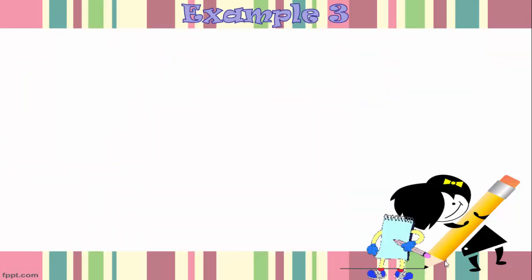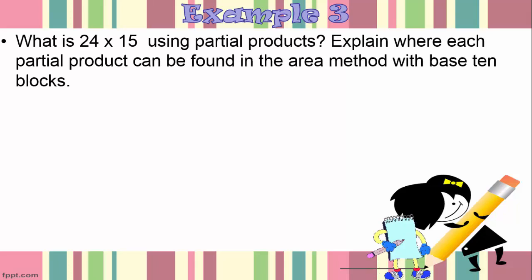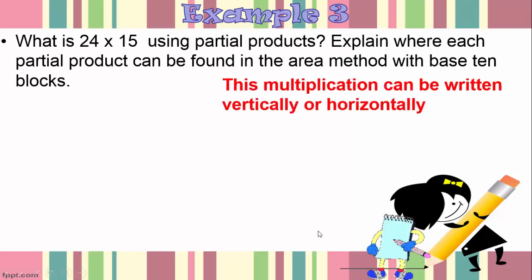In example number 3, we're asked, what is 24 times 15 using partial products? And explain where each partial product can be found in the area method with base 10 blocks. This multiplication can be written vertically or horizontally.